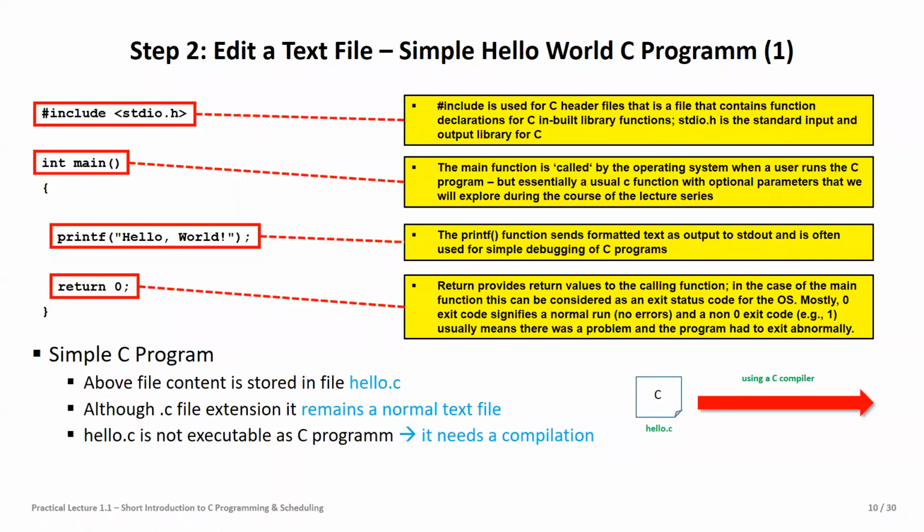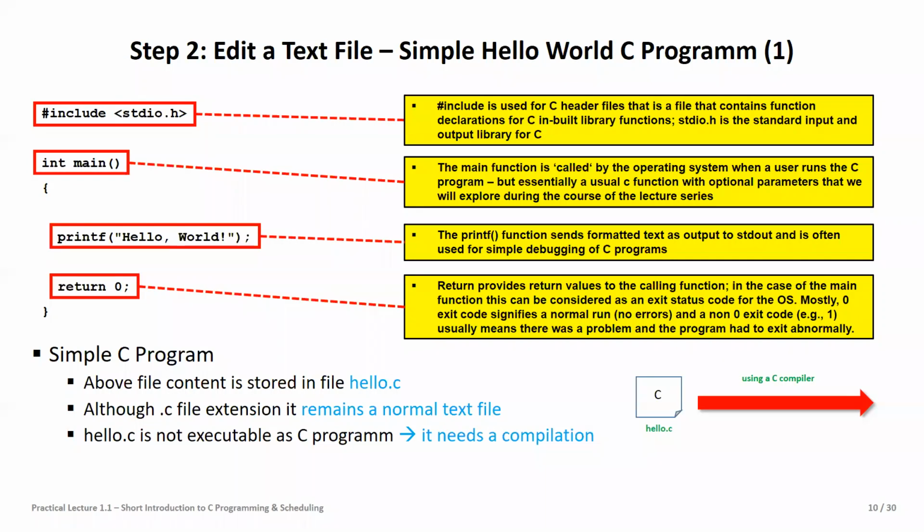Here you see the simplest C program perhaps that you can find. You have the standard input-output library, the header files that you need to include for a typical C program. Usually this is something you always need. Then you have the main function that is always executed when you start a C program. You can have more functions, obviously, but main is always called.